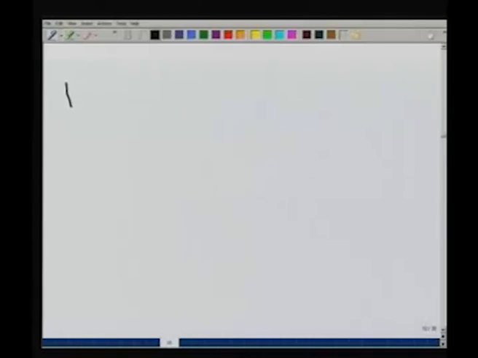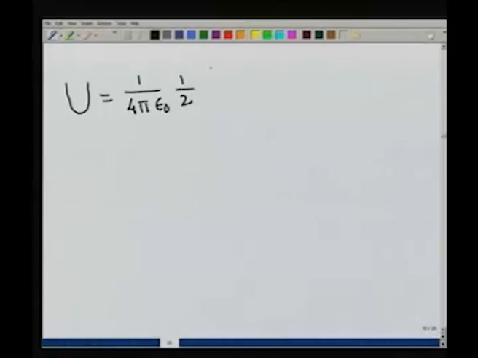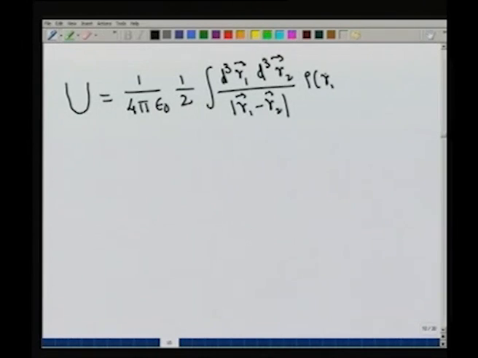Now, in order to illustrate that, again let me make use of Gauss's law and let me proceed step by step. So, what was my expression for the energy density? I wrote it as 1 over 4 pi epsilon naught. I have the factor half sitting here, d cubed R1, d cubed R2, these are the volume elements, over mod R1 minus R2, rho of R1, rho of R2.